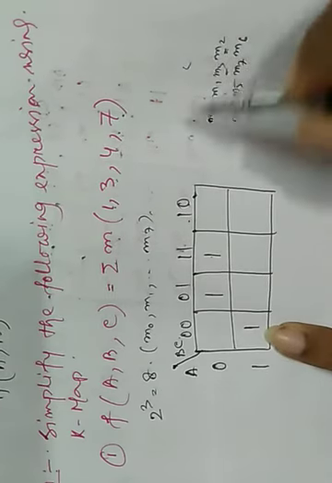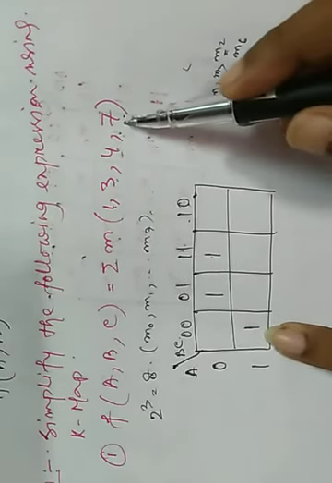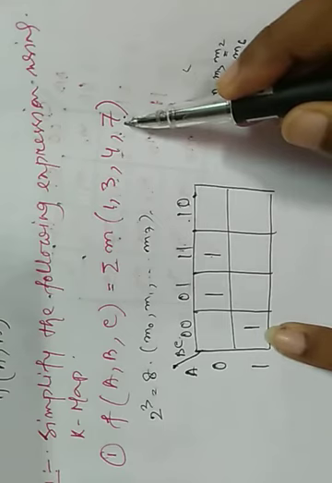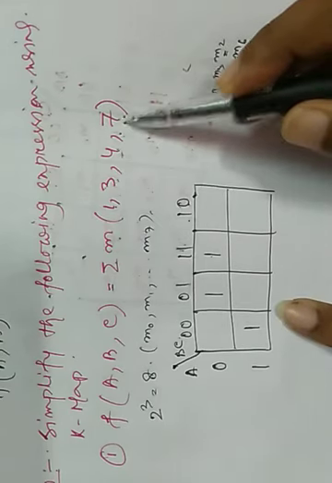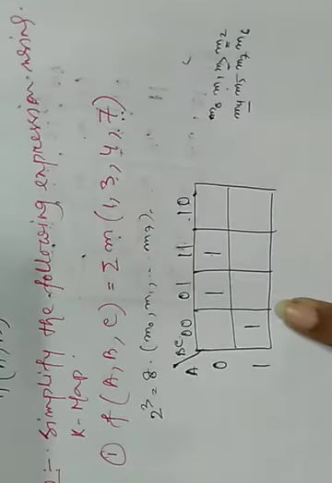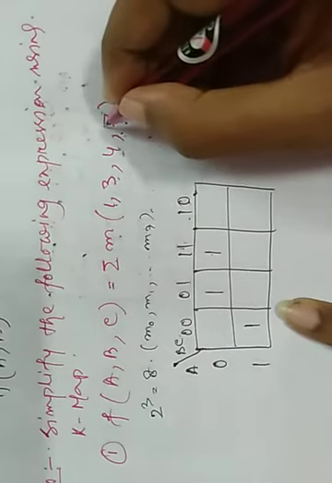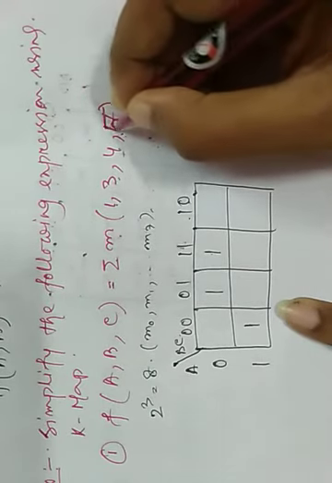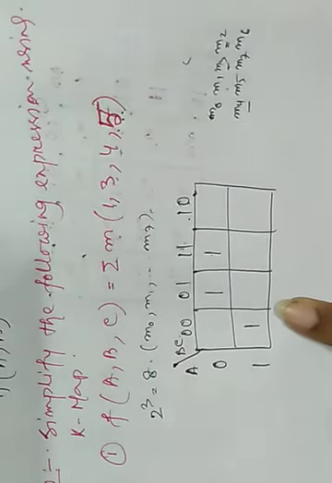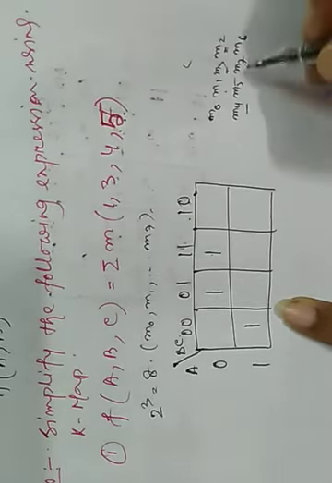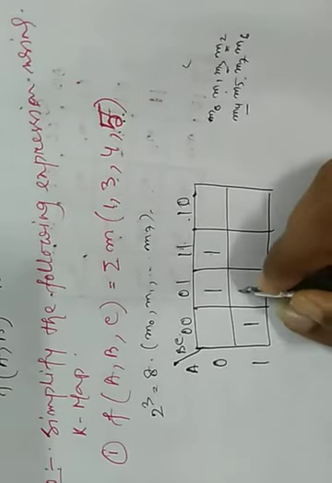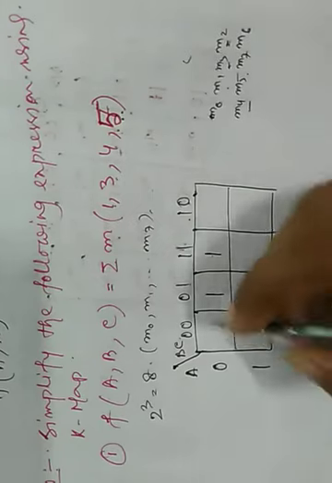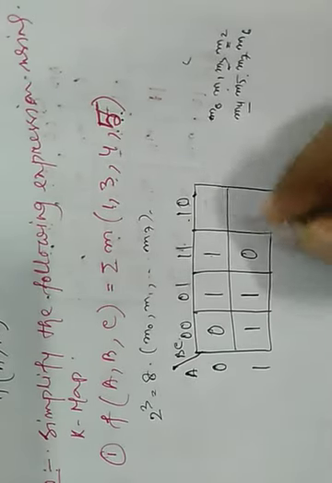Instead of M7, at first you write here M5 for proper understanding. Then we will do M7. M5 means here it is 1. Okay, so the other values are 0.